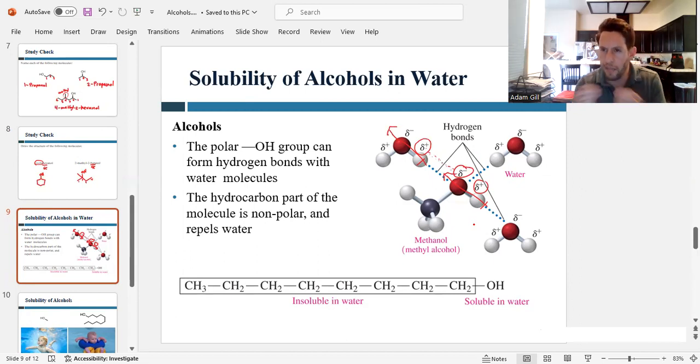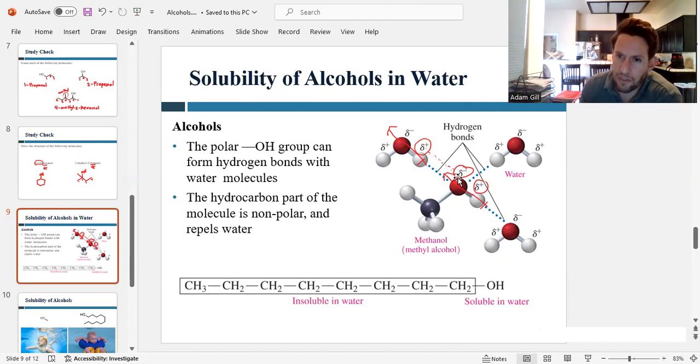Opposite charges, kind of like magnets, they stick together. And so this is what we call a hydrogen bond. It's a type of dipole-dipole interaction, but it's extra strong because oxygen is super electronegative. So it's an extremely strong type of dipole-dipole, and we call it a hydrogen bond.